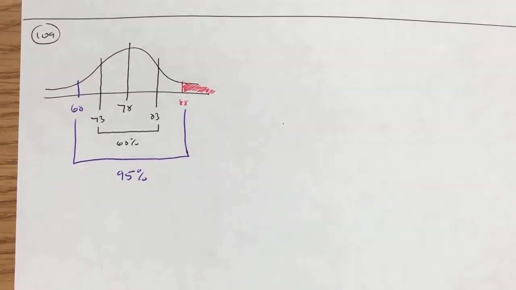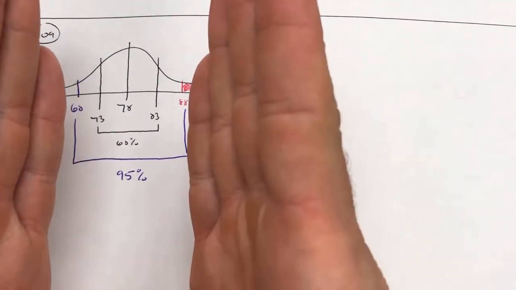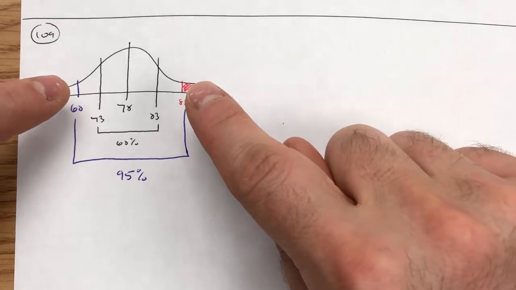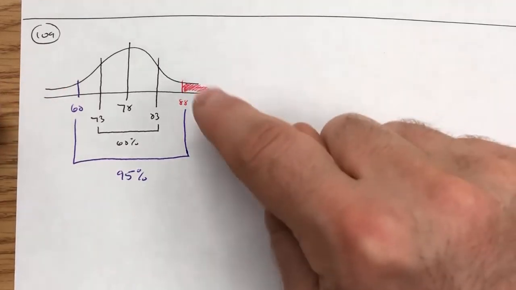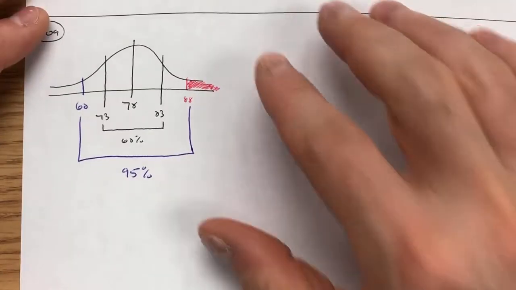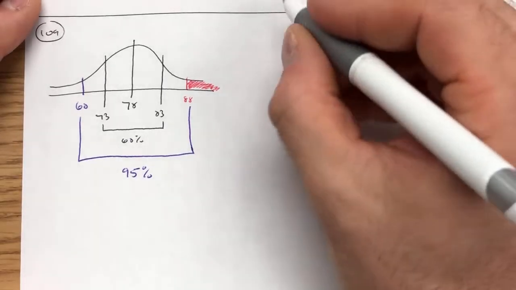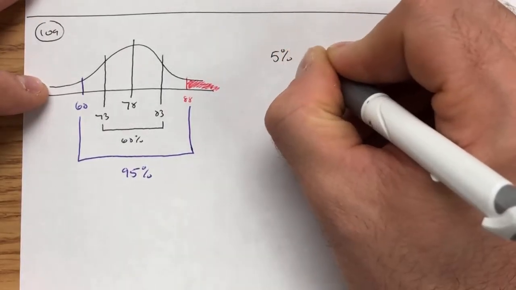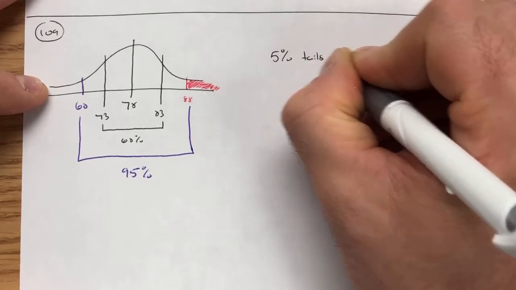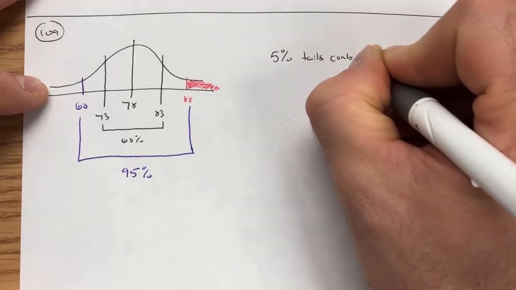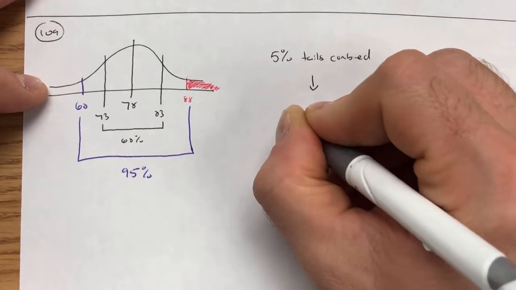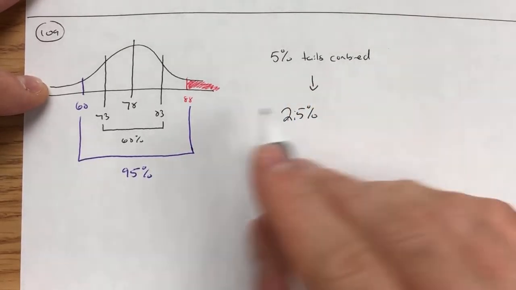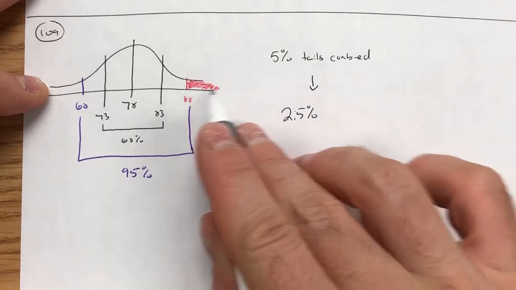If 95% of all scores are between here, that means 5% exists on the outside edges, and I'm only looking at one outside edge. So I have 5% in the tails combined, which means 2.5% of all students scored an 88 or above.